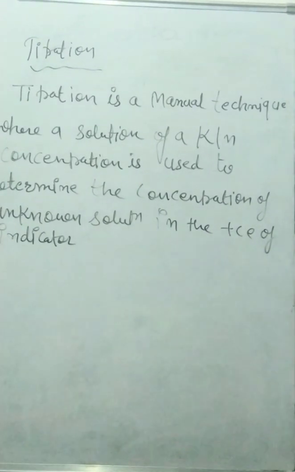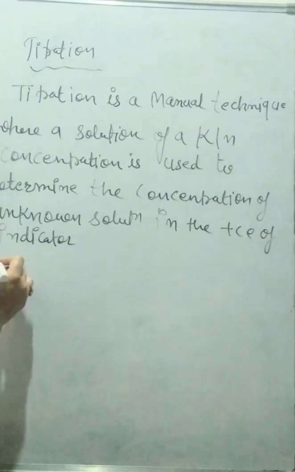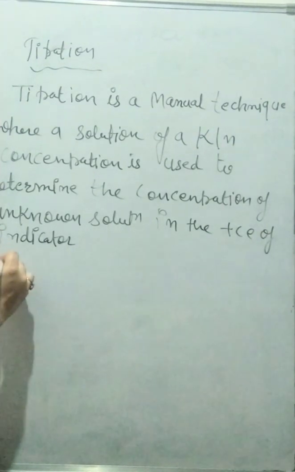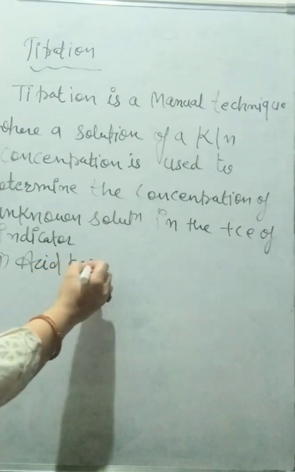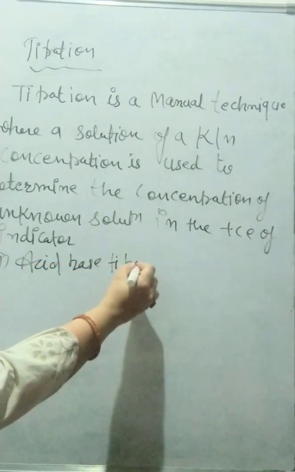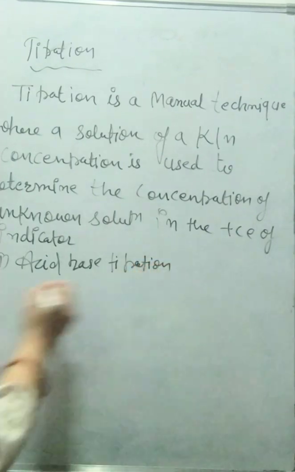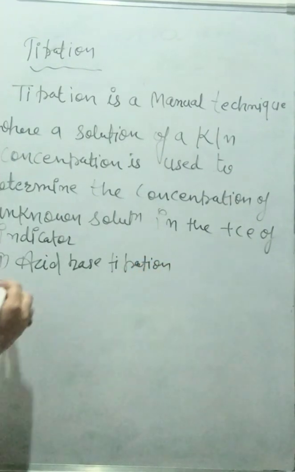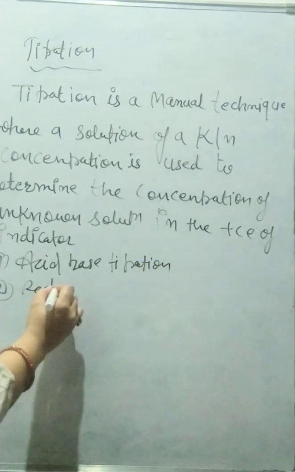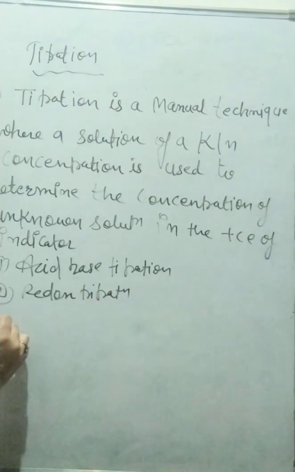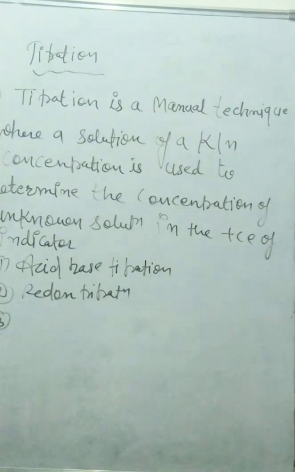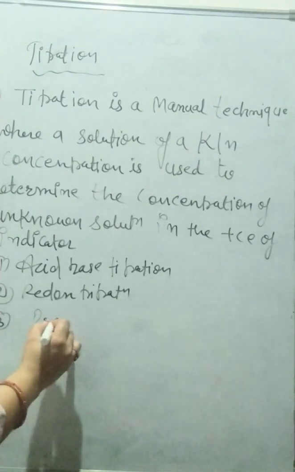Okay, there are four types of titration. First is acid base titration. Second is redox titration. Third is precipitate titration.